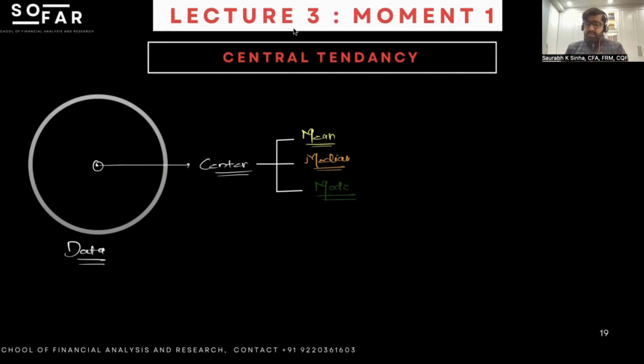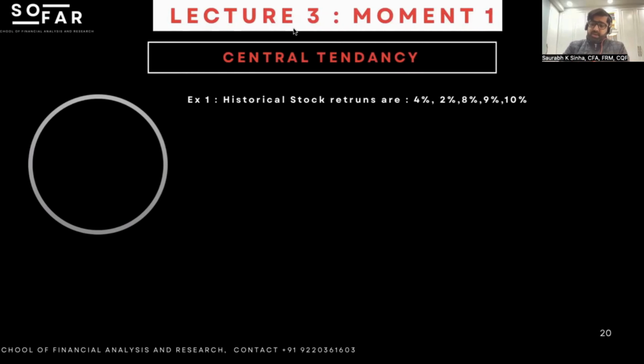We all know what mean is. For example, say I have historical data. Because we have to connect statistics to real-life examples, I have taken stock return. If I have historical returns of 4%, 2%, 8%, 9%, and 10%, and I have to find the mean, what is the formula?